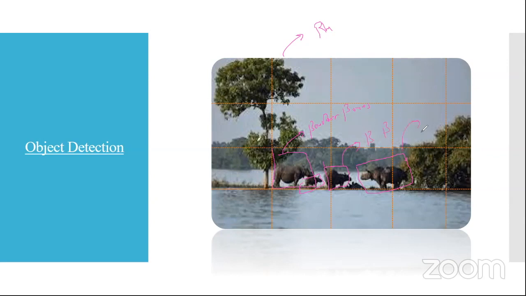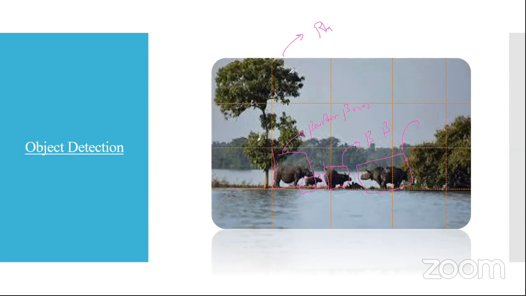So what we are supposed to do is not only identify if this image carries any animal or not, but exactly identify the coordinates or the position of the animal in this image. So how can we use the classifier we discussed in the previous slide?